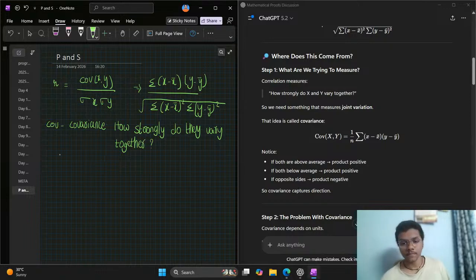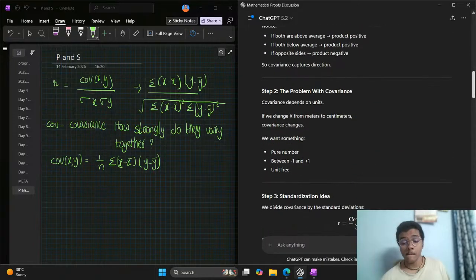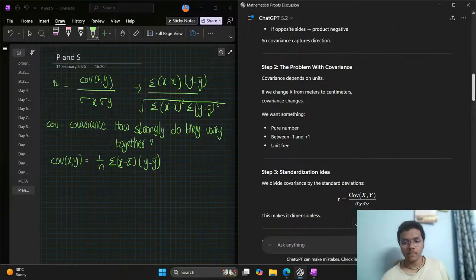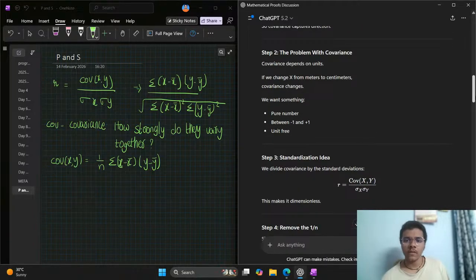COV stands for covariance. That is called covariance: cov(x, y) is 1 by n sigma of (x minus x bar)(y minus y bar). Covariance is unit dependent.